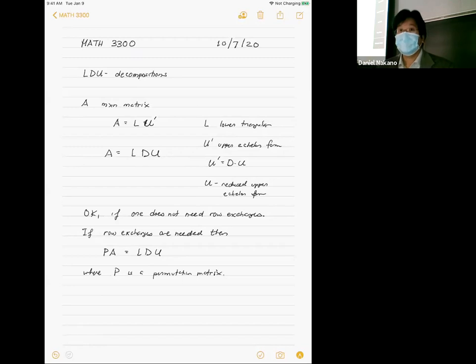So no matter what, we can factor a matrix in LDU form, even with row exchanges. But in the case when we do need row exchanges, we have to multiply first by a permutation.